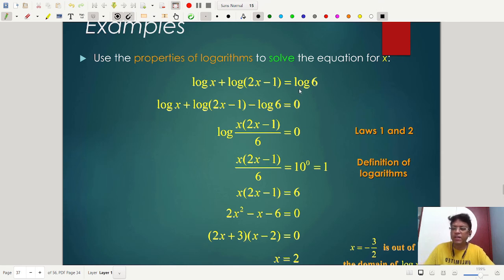Look at that, very simple properties of log. And there is a mixture of AP and GP problems also. By solving this type of thing, you can solve this. Okay, so this is how you can use the properties of logarithm and laws to solve for the values of x.